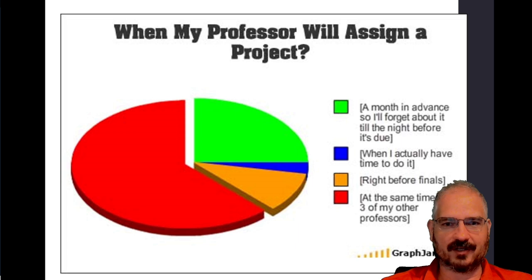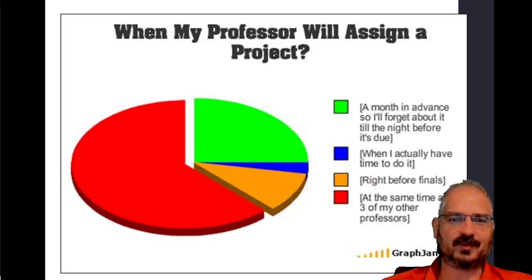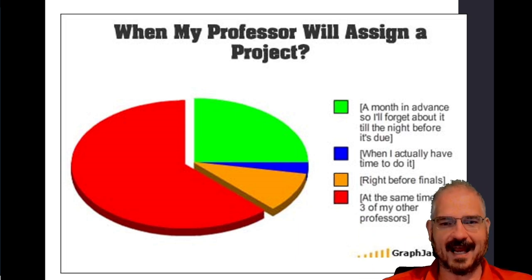Here's a pie chart showing the percentage of the time of when your professor will assign a project, right? So the green slice, which we can tell just from looking at it is roughly a quarter of the time, is when the professor will assign a project a month in advance, so you'll forget about it till the night before it's due.